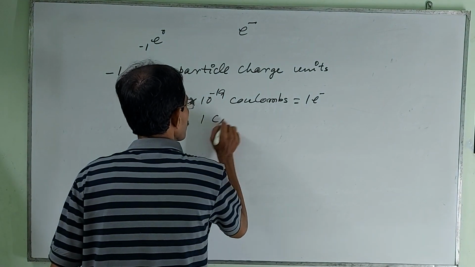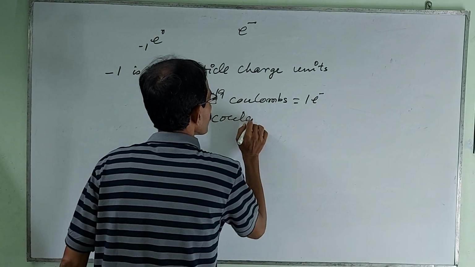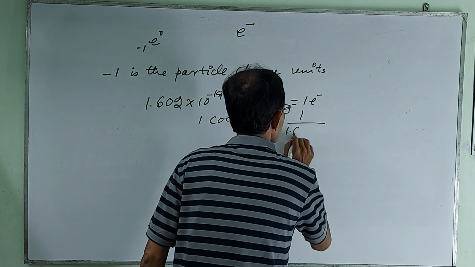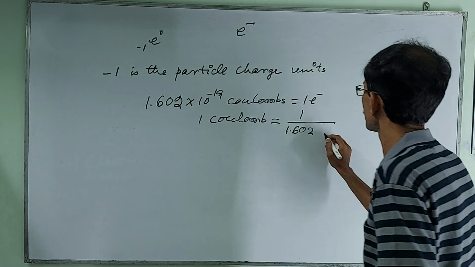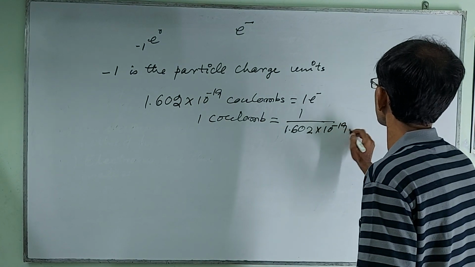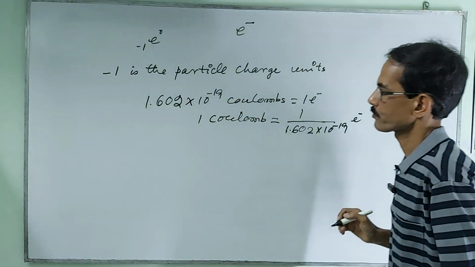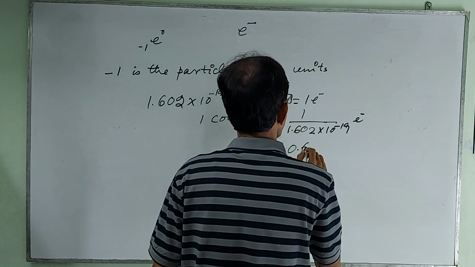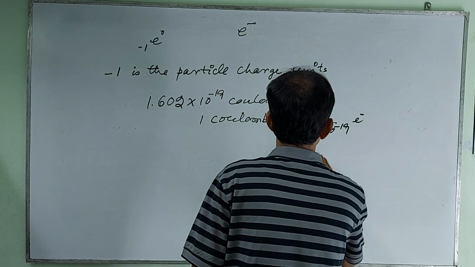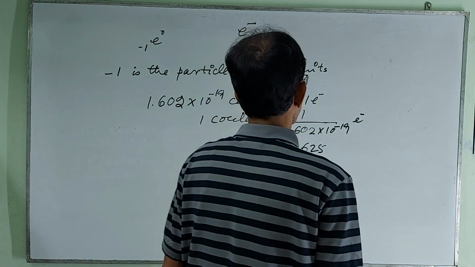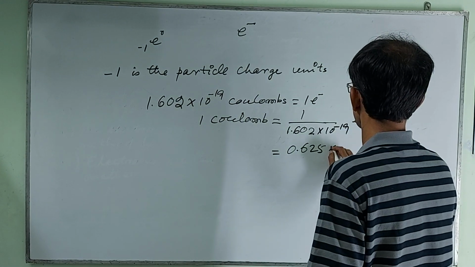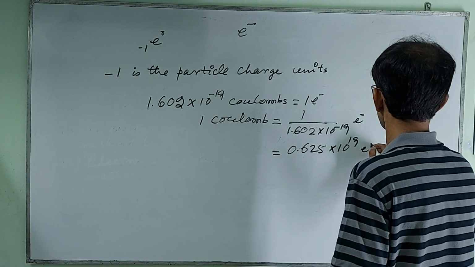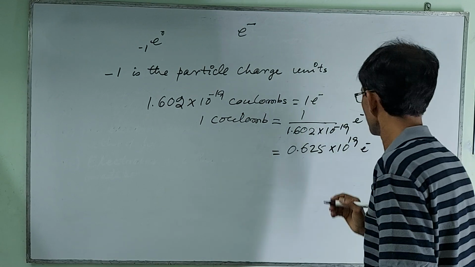Let's see. 1 coulomb is equal to 1 divided by 1.602 into 10 to the power inverse 19 electrons, which is equal to 0.625 into 10 to power 19 electrons.